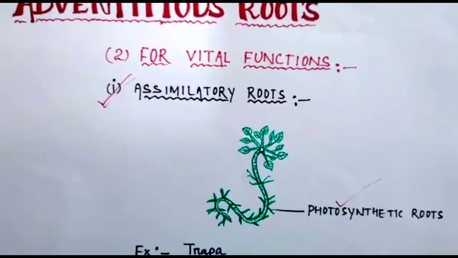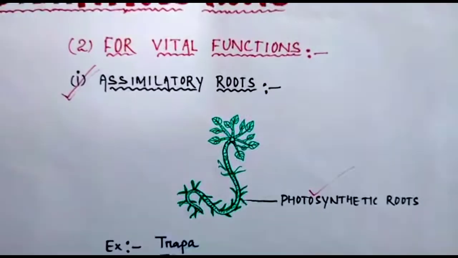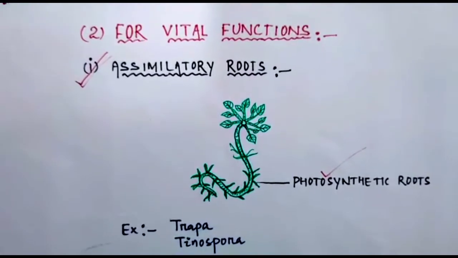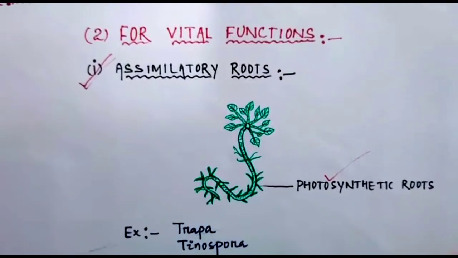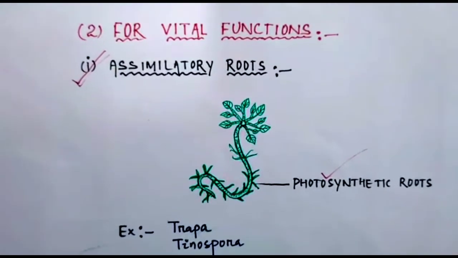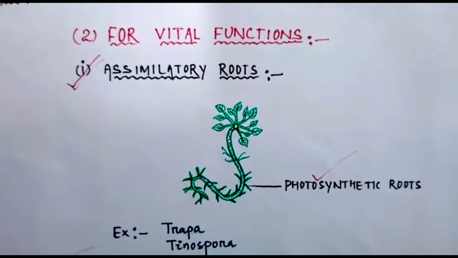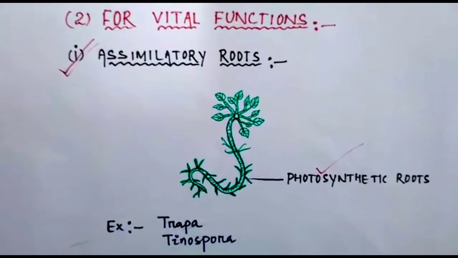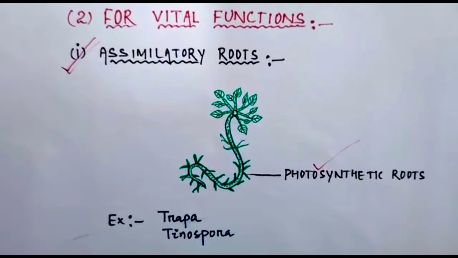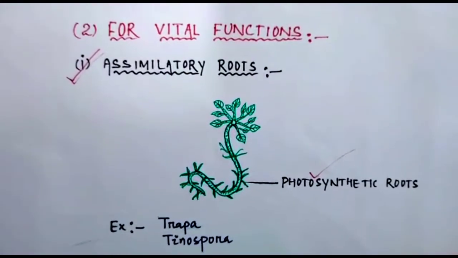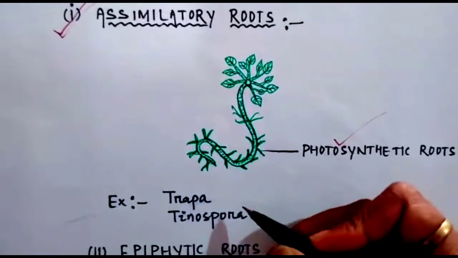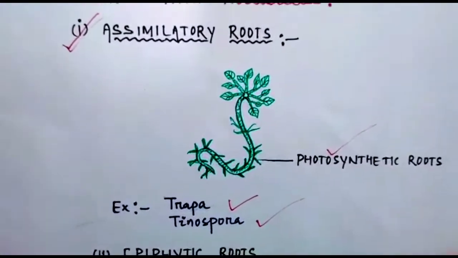These roots are aerial, that means they are present above the ground surface and help in photosynthesis by absorbing light. It arises from the stem, so it is the characteristic feature of adventitious roots. Example is Trapa and Tinospora.